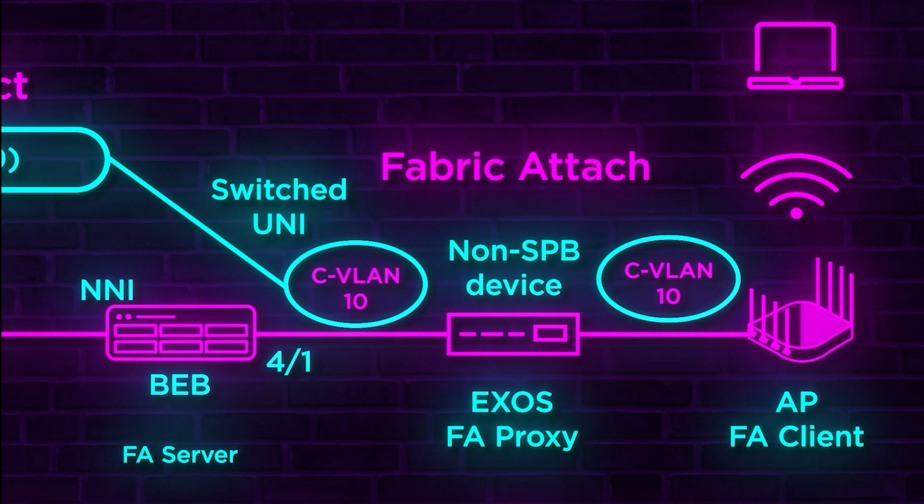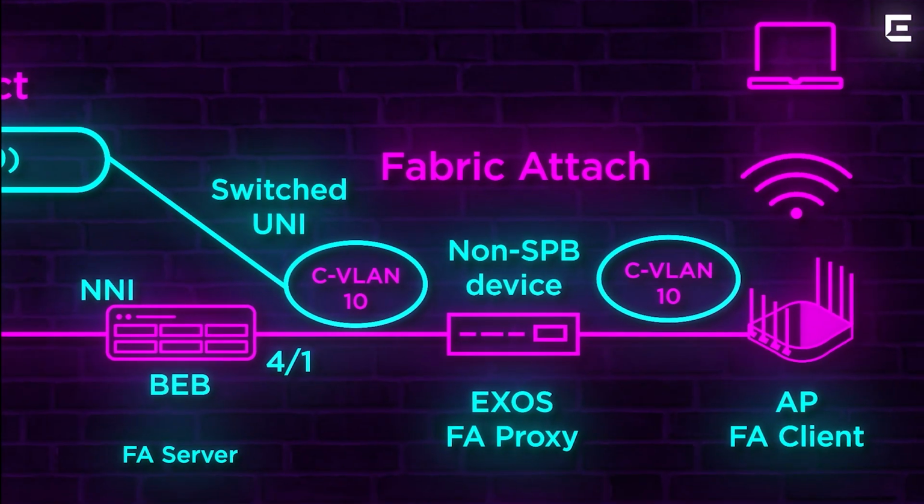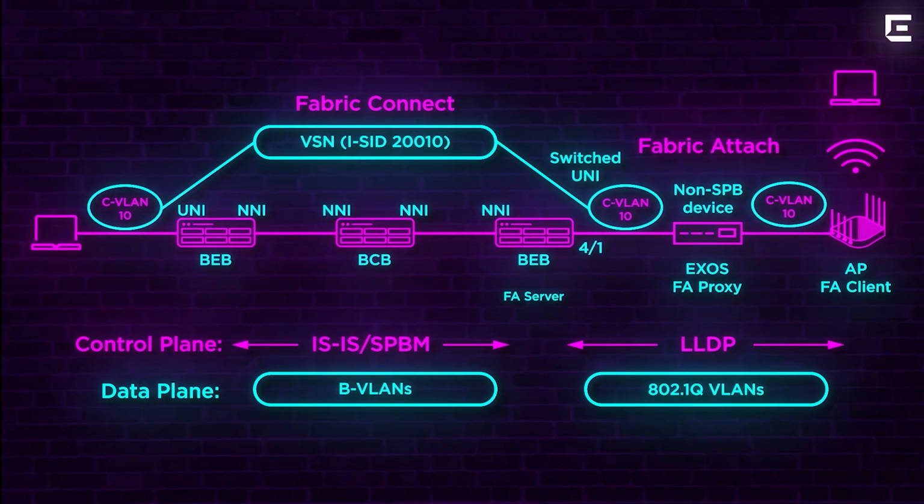So this could be one of our Exos switches that is not SPB aware, that is not Fabric Attach aware, but yet we have an access point that's a Fabric Attach client. And that access point might be talking to a consumer, most probably one of your office staff.